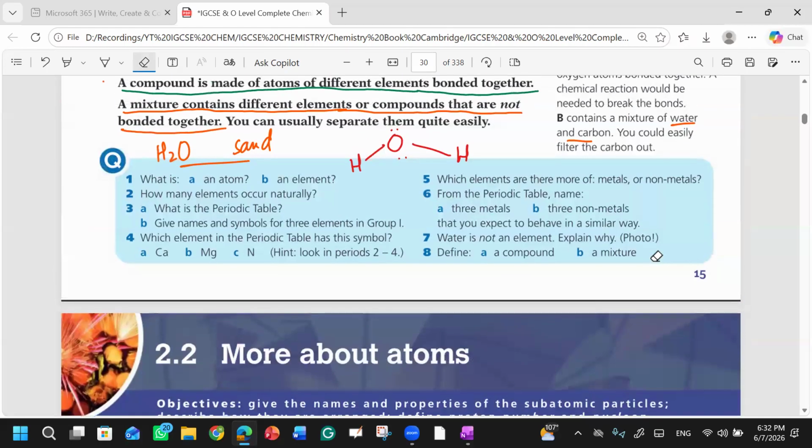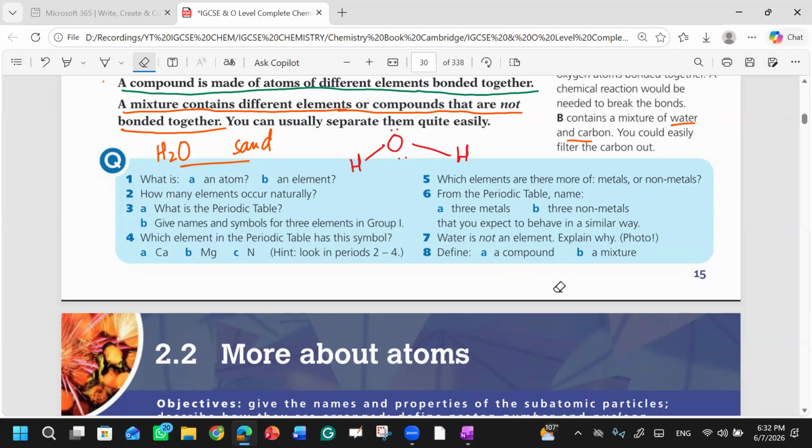Then we have: water is not an element. Explain why. Think about it. I have drawn the diagram for this. Because it has atoms of hydrogen and oxygen, so it has different atoms.